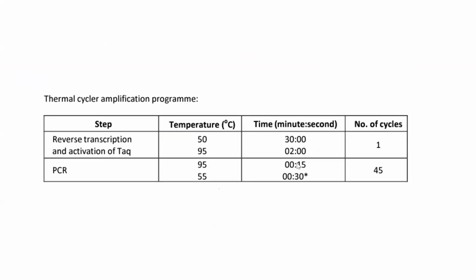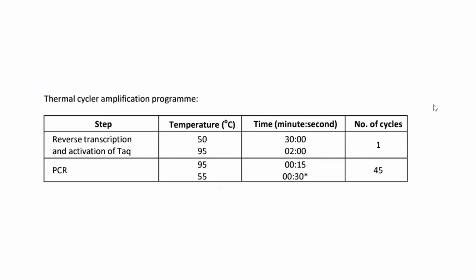Afterwards, the normal PCR, where 55 degrees was the optimum temperature for binding of these primers, and it was 45 cycles. It can also vary between 40 to 45. That's also important to keep in mind.